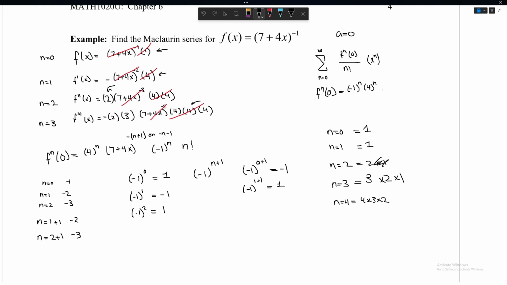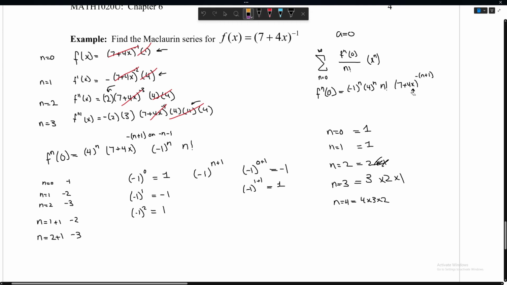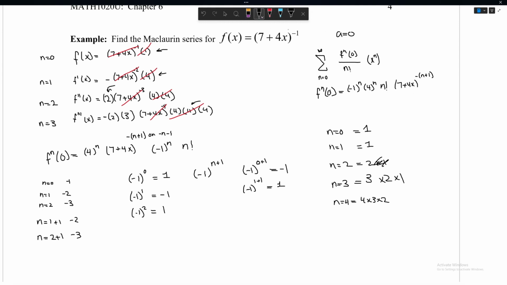Okay? So anyways, 4 to the n. And we also got our n factorial. And we also got our 7. Now notice, if I do plus 4x, I have an x here, but my function is at 0. So what you do is you don't put your x here, you sub it in.